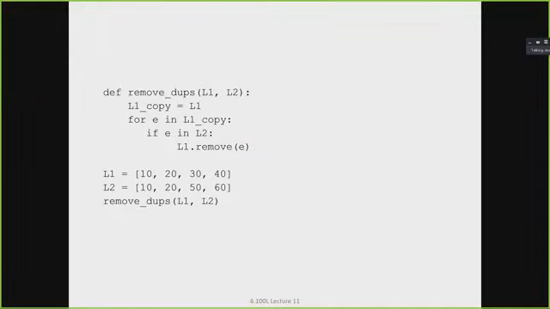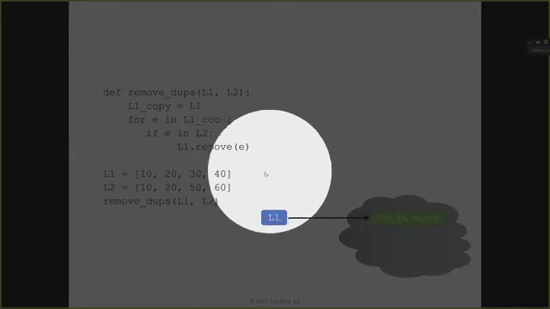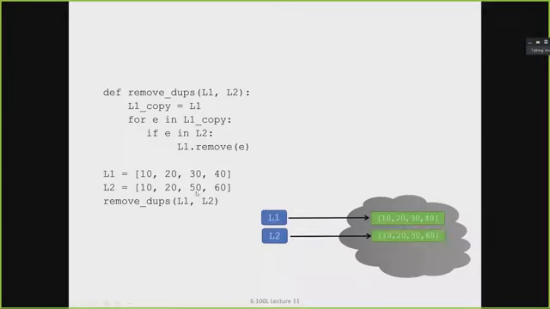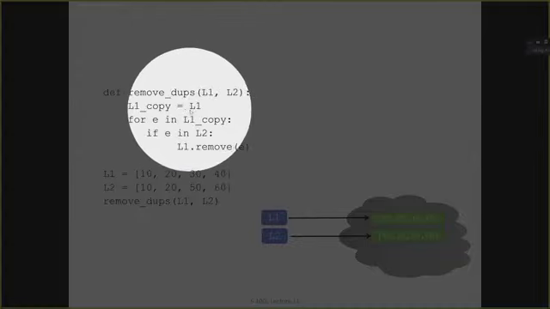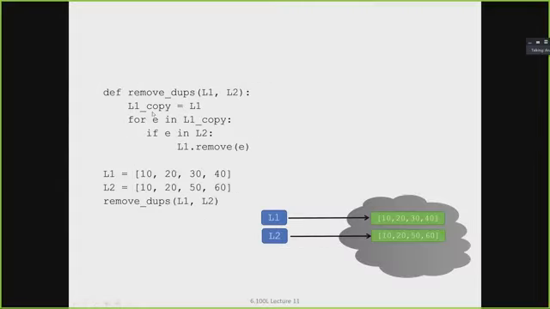So this is the code that creates an alias, not a copy. So I've got L1 equals 10, 20, 30, 40. L2 is 10, 20, 50, 60, just like before. The code up here, L1 copy equals L1, I just named it copy, but it's not actually making a copy, right? Because nowhere did I say explicitly to make a copy using the square brackets colon.